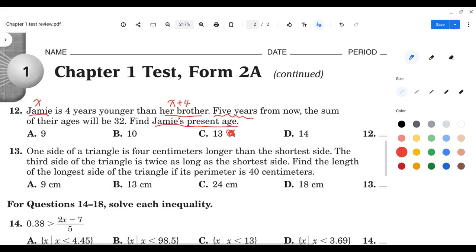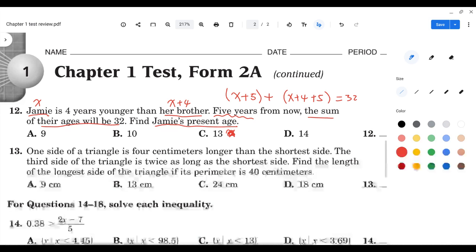5 years from now, the age of Jamie is x plus 5, right? And then the age of her brother is x plus 4 plus 5. And this sentence tells you the relationship. So the sum of their ages, you add all of them together, is 32.